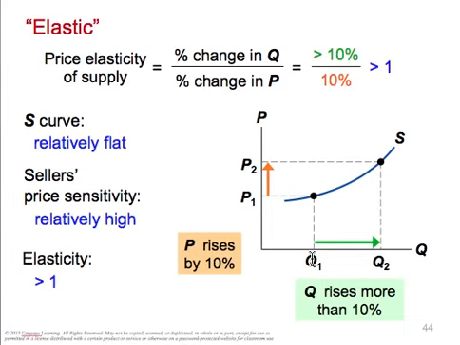Price rises by 10% to price 2, and look how much ground we covered between the two quantities. Quantity rises by more than 10%. That's when you know you have elasticity greater than 1. It's a very elastic supply. The willingness to supply a good or service ranges wildly depending on price. If you get a little higher price, you're going to get a lot more quantity.